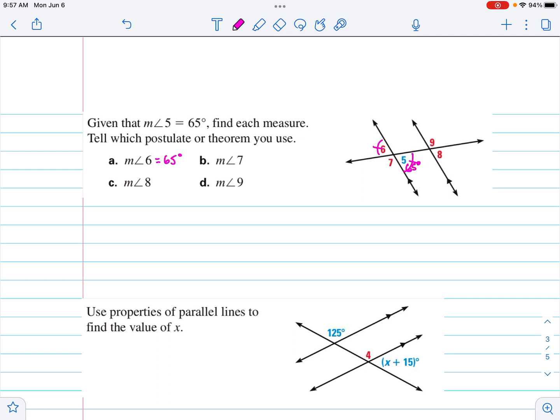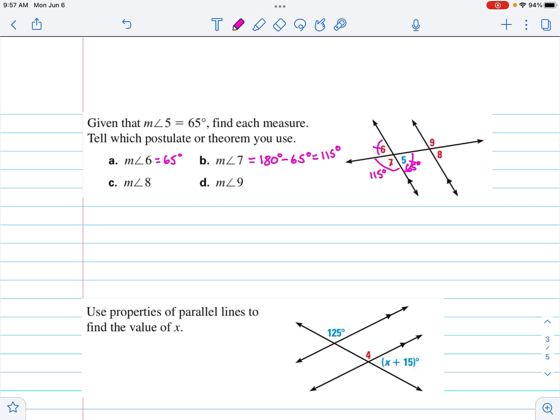Now, look, there's a bunch of stuff we know now. For example, we know that angle 7 is supplementary to angle 5. So this is going to be 180 minus 65, which will be 115. Okay, so now we know that this angle is 115.